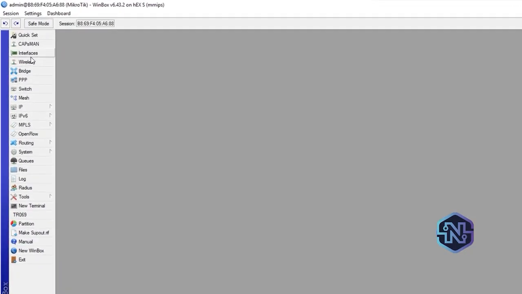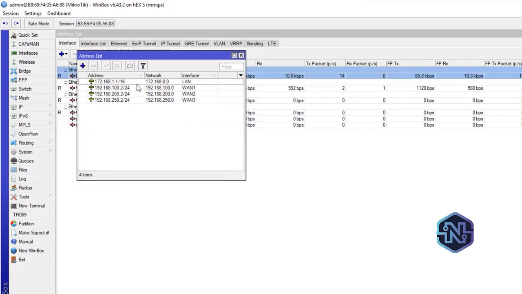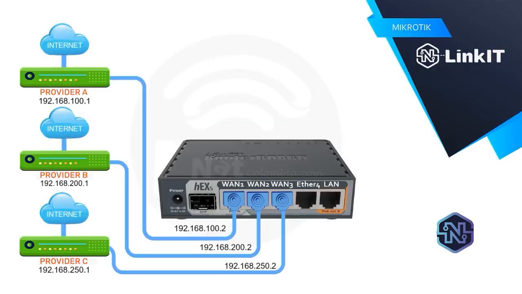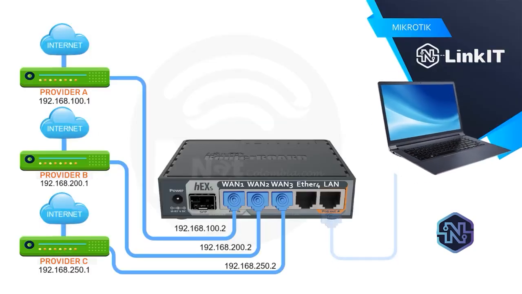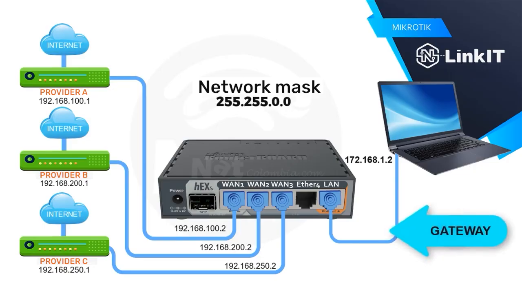Go to Interfaces. According to our network diagram, my computer should be connected to the LAN port with the following IP address: 172.168.1.2, netmask 255.255.0.0, and the gateway 172.168.1.1.